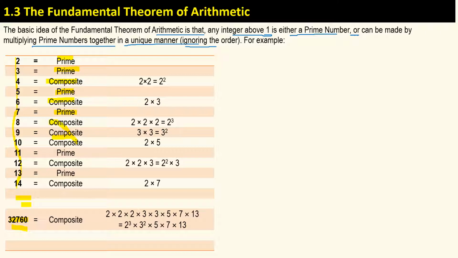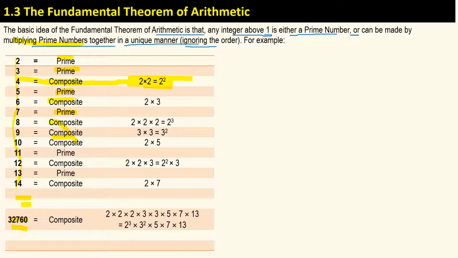If we consider the composite number 4, it is formed by multiplying the prime number 2. So 4 is equal to 2 raised to power 2.